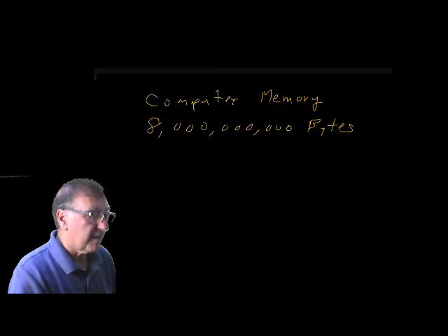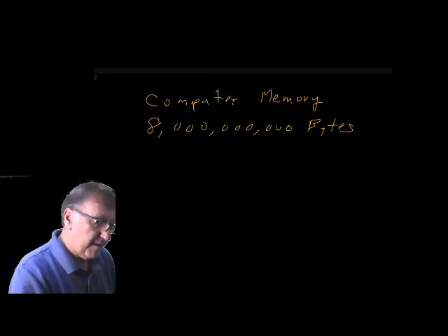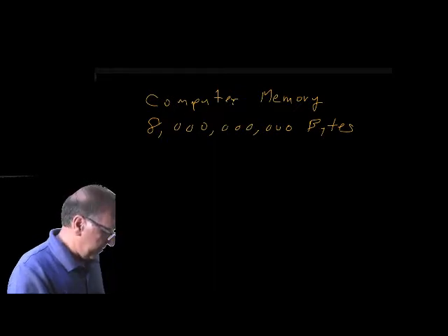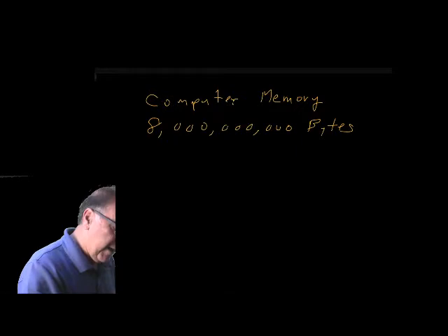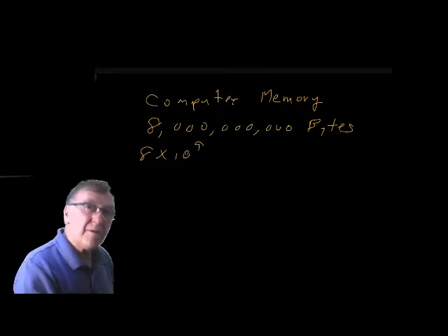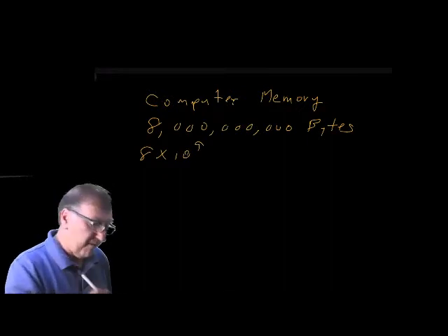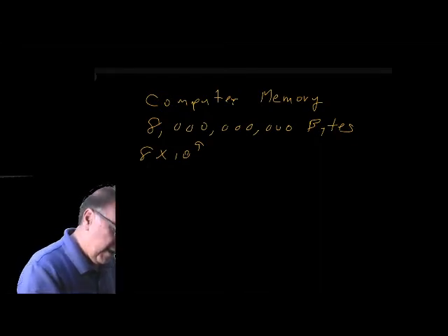If I have a computer memory that's 8,000,000,000 bytes, that can be written in engineering notation as 8 times 10 to the 9th. Excuse this pen, I'm going to get a finer pen for next time. And that becomes 8 gigabytes, GB.